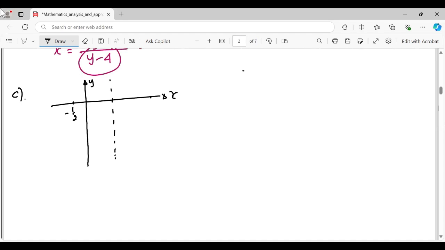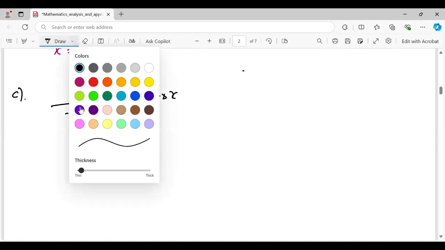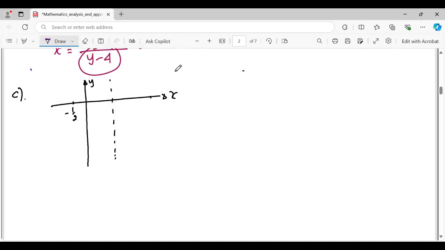So the graph will be like this, the graph of this quadratic function.